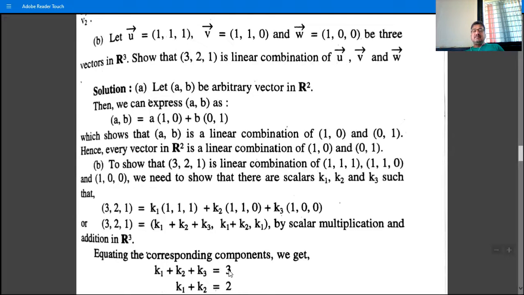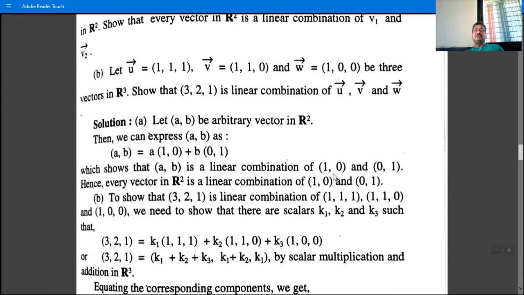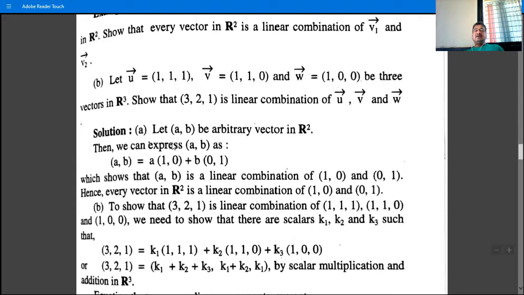The first sentence is: let k1, k2, k3 be scalars such that the vector is equal to k1 u bar plus k2 v bar plus k3 w bar. So write this first sentence. Here u bar, v bar, w bar are the notations.